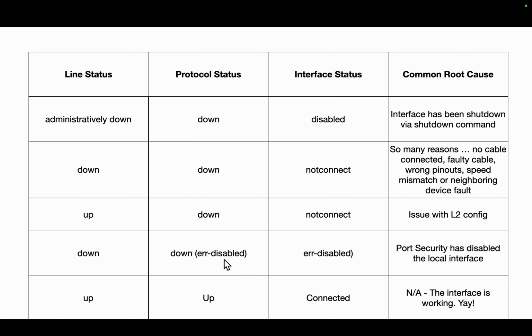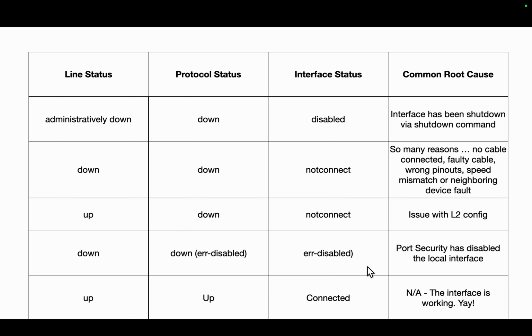Down, down, error disabled. This normally means that port security has disabled that local interface. Port security has kicked in and it's done that proactive job of disabling that interface. For example, you might have had an unauthorized user trying to connect a device into that interface, and the switch doesn't recognize the MAC address, and it's like, hey, I don't recognize that MAC address, and it disables the local interface.